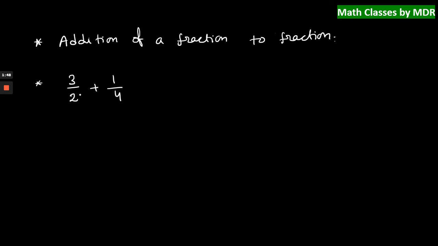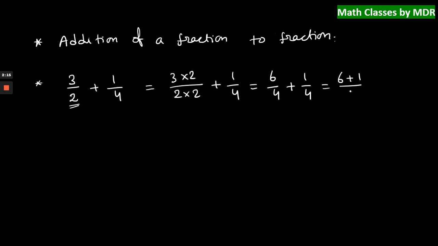So we can make this 2 as 4 by multiplying by 2 in both numerator and denominator, plus 1 by 4. So that is equal to 6 by 4 plus 1 by 4, right? Now the denominators are same, we can add the numerators, that is 6 plus 1 by 4, which is equal to 7 by 4, right?